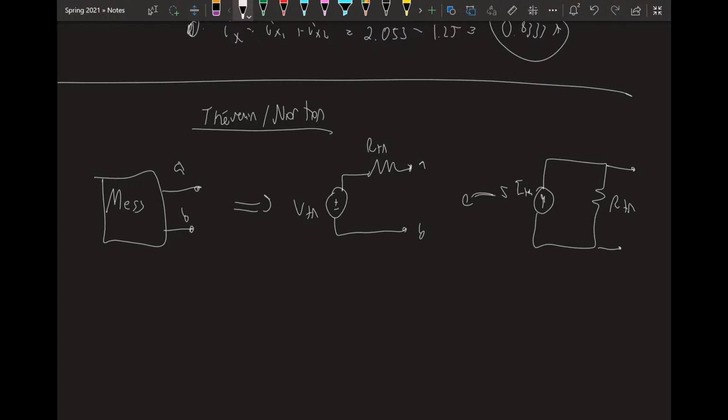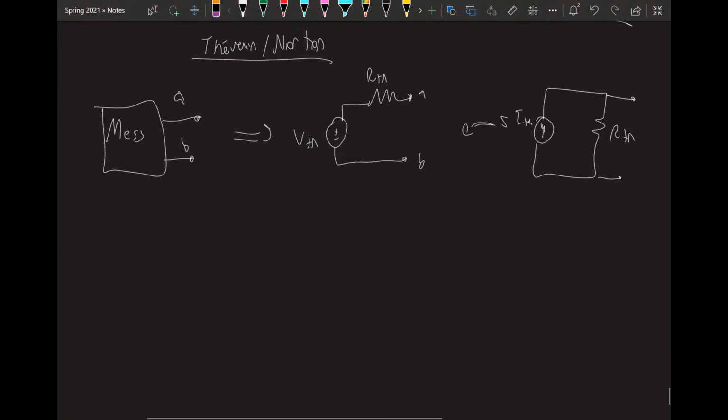I'd look it up somewhere else. That's a good question. I know you can't deactivate them. For example, as we'll see here, when we're solving for Thevenin and Norton equivalents, when we're solving for the R Thevenin, you end up deactivating sources, just like you did for superposition, but you can't deactivate dependent ones. So I'm going to guess that it's the same thing for regular superposition. It's not quite an independent input. It depends on something else in the network.